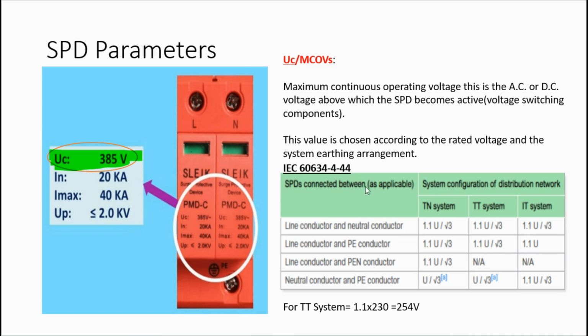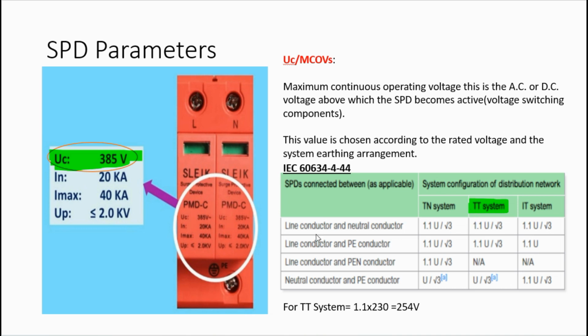Now, the standard IEC 60634-4-4 states the UC calculations in its table. What does it mean? We have different types of earthing systems all over the world, but the UK and the subcontinent usually use the TT earthing system. What is the TT earthing system? I will explain it in other videos related to earthing systems, but here we only have to consider the TT system.